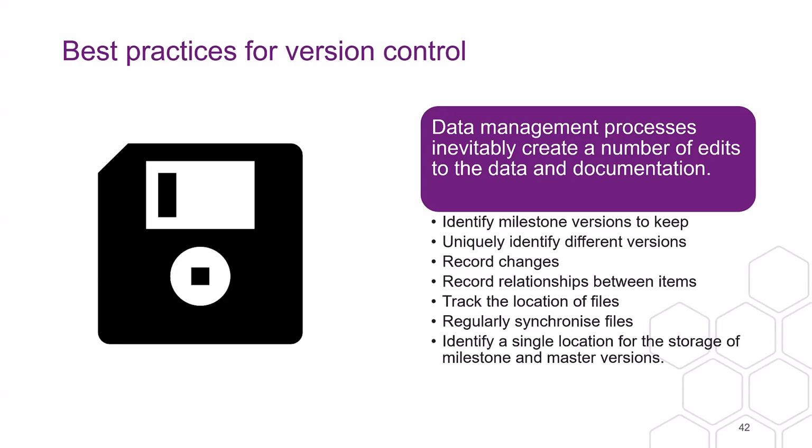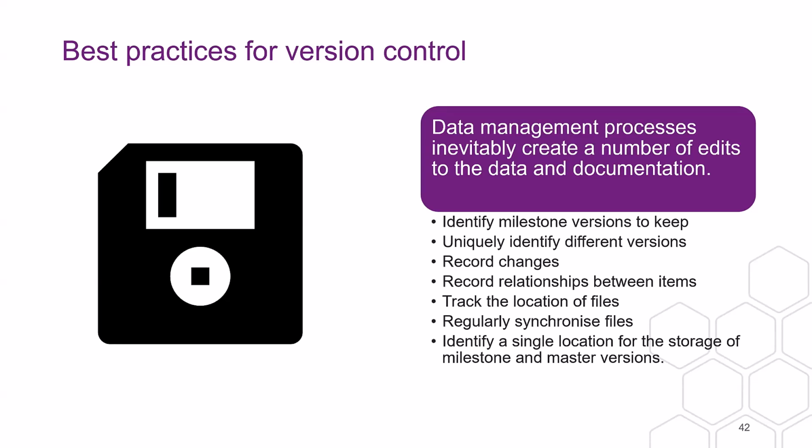Record the changes. In the document itself, for example, if we're talking about documentation, you could have version history as a table. For data files, you could embed that into the metadata of the file, but you could also have an additional document that describes the changes from V1 to V2 to V3 and so on.